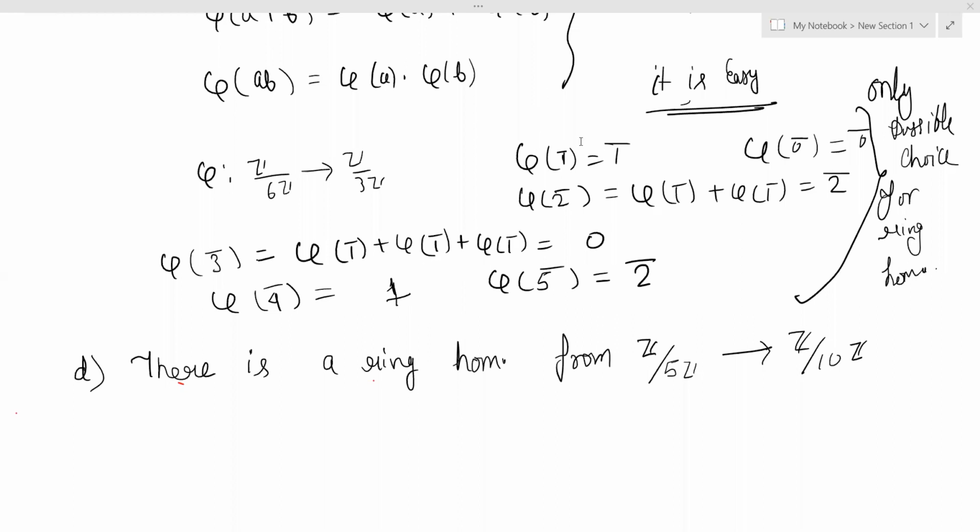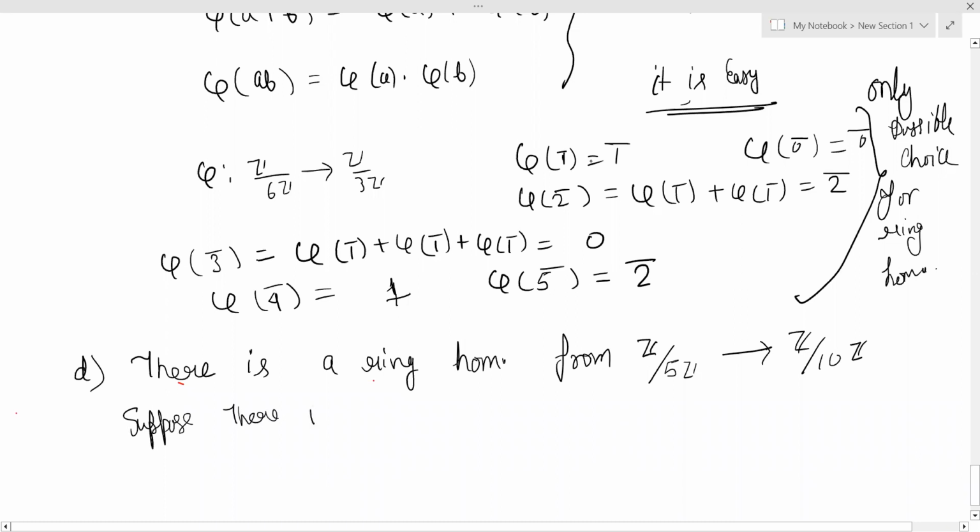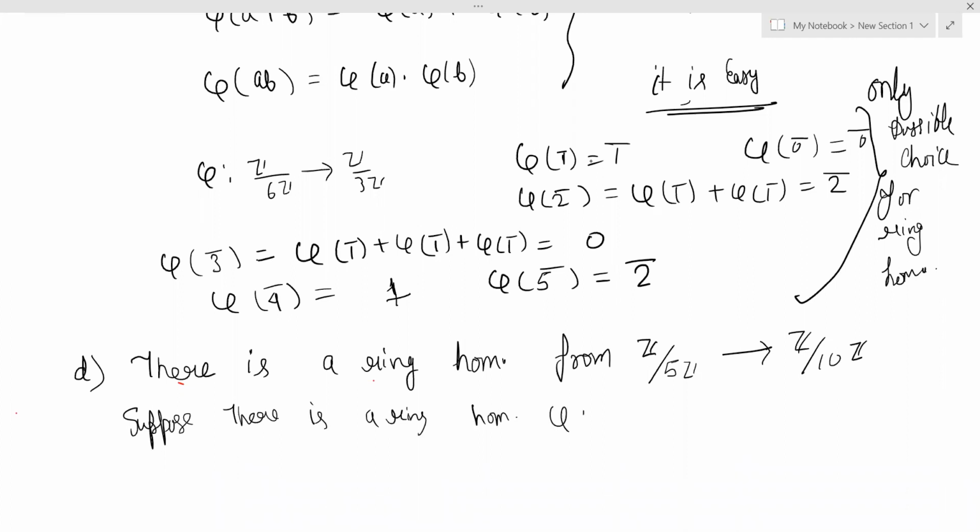Okay, fine. Let me write. Suppose there is a ring homomorphism phi mapping Z mod 5Z to Z mod 10Z.